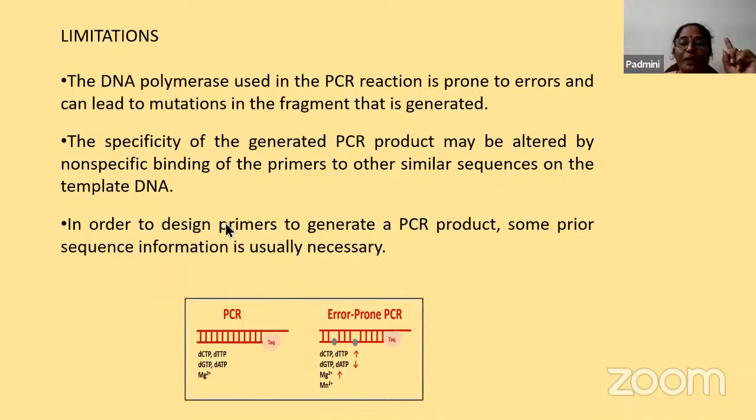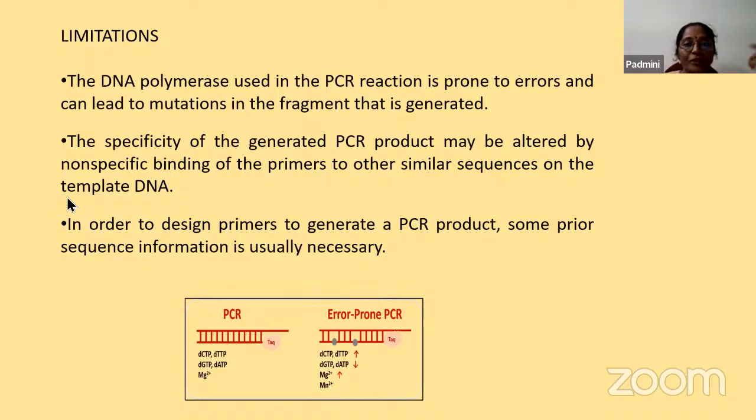The primers should be known primers because the DNA that you're going to separate and make copies of, the particular site where the primer has to attach to the DNA strand, should be known. So for that known DNA strand, you're going to prepare a primer which is complementary to where it has to attach and grow the length. So those are the limitations, but otherwise this is the best technique ever evolved in this decade.